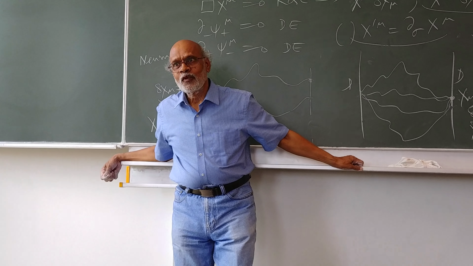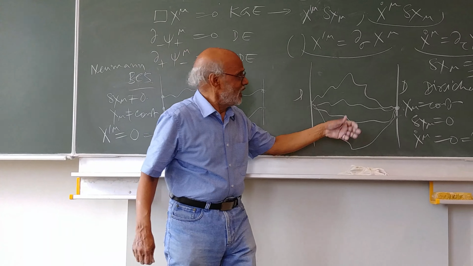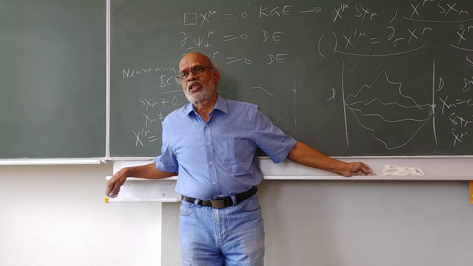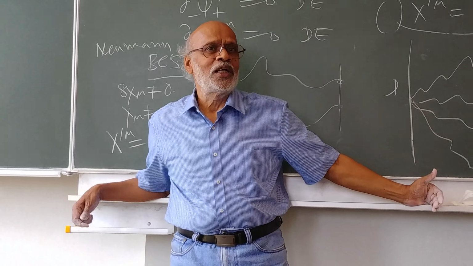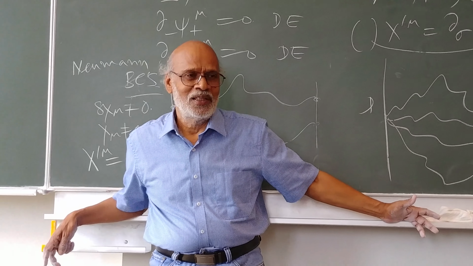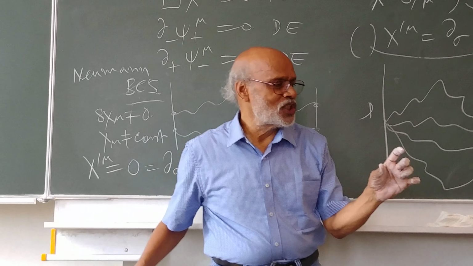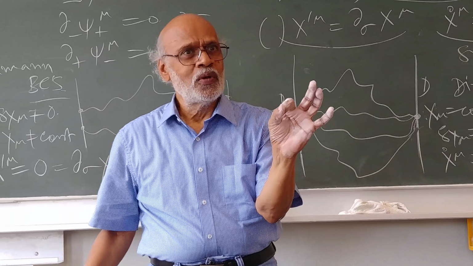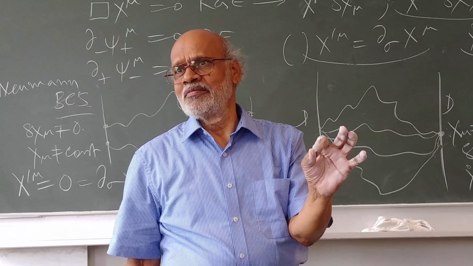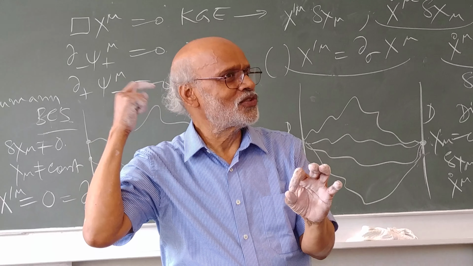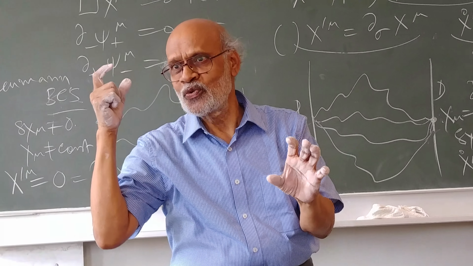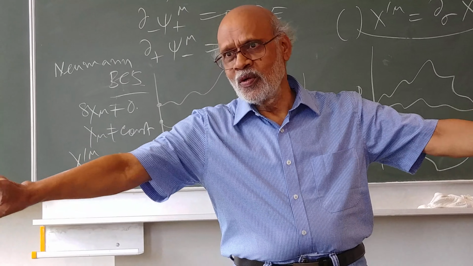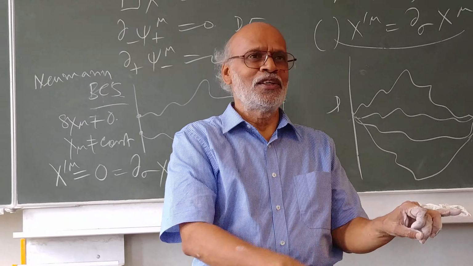Okay? And for the other kind of strings, the closed strings, in fact, a closed string has no boundary. A closed string itself is a boundary. For example, of a tube, the girls use these rubber loops for the hair. You take a tube and you cut it into thin slices.